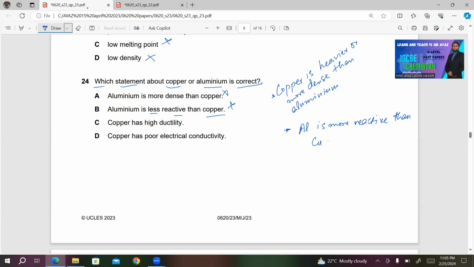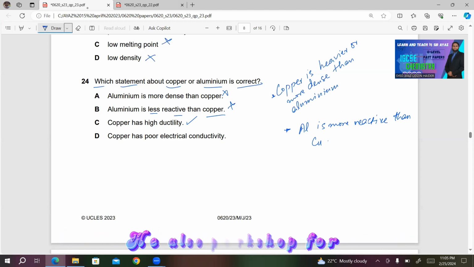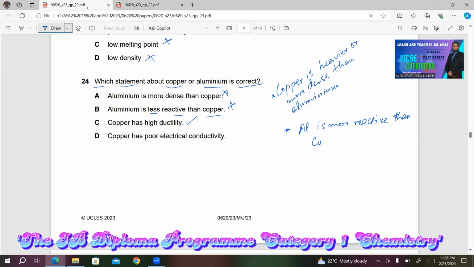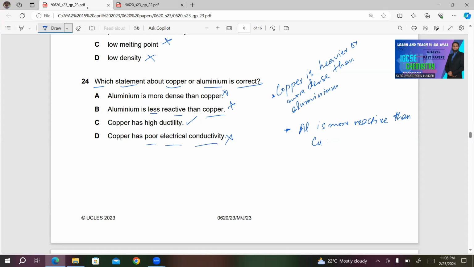C, copper has high ductility. This looks correct to me because copper is used in electrical wires due to its high ductility. Ductile means able to be converted into wires. So I'm reading the last statement for your convenience. D, copper has poor electrical conductivity. This is incorrect. So C will be the right answer for MCQ number 24.